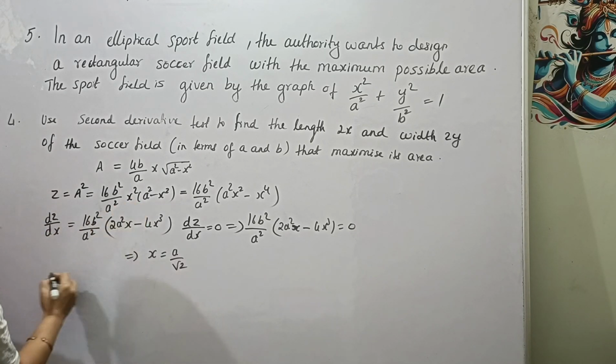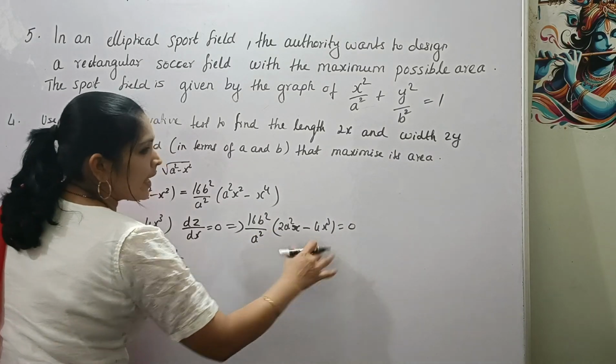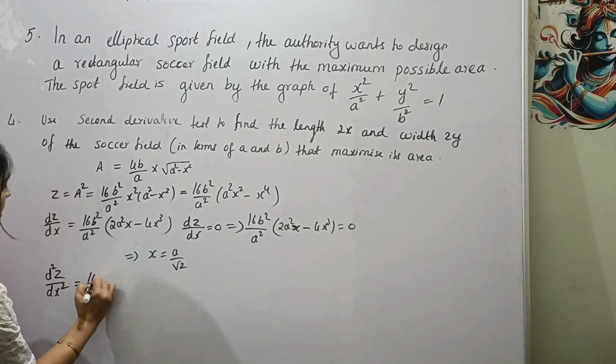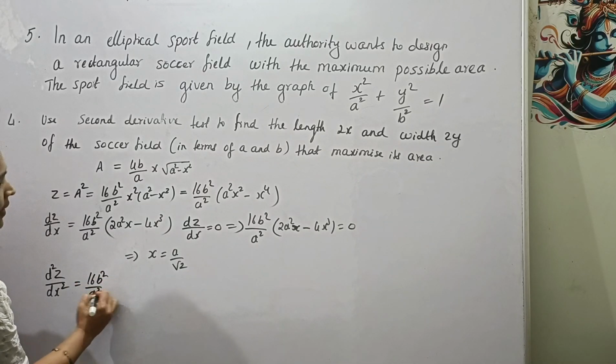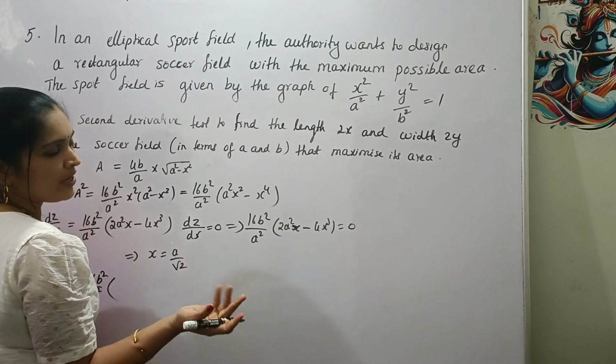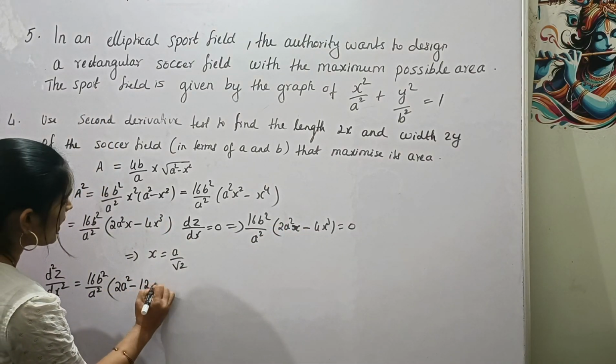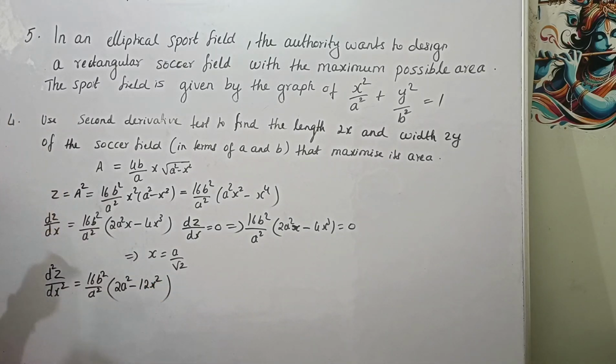So let's find d square z by dx square, to see whether this function is maximum or minimum. Let's differentiate again with respect to x: 16b square by a square, here it is 2a square, derivative of x is 1, so 2a square minus 12x square. So it is d square z by dx square.